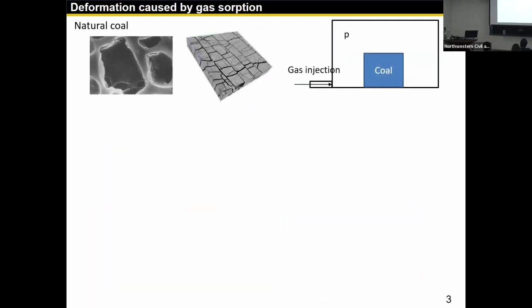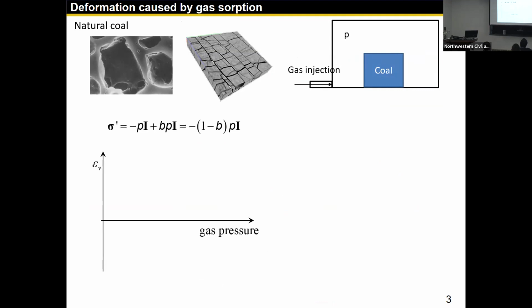But what captured my interest in this line of research is really this series of experiments on natural coals. Coals are porous media with multiple levels of porosity. If you place a coal specimen in a vacuum chamber and pressurize the chamber with gas, then plugging this condition into the effective stress equation, we predict an overall negative force, which means contractive stress. This is the poroelastic prediction.